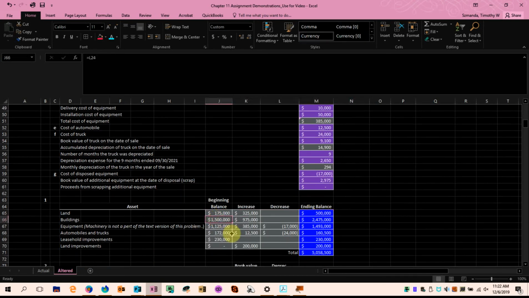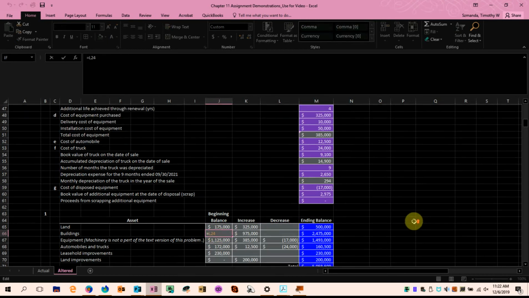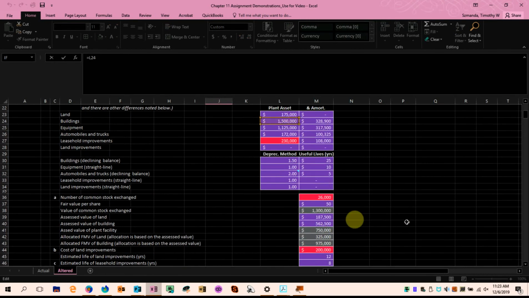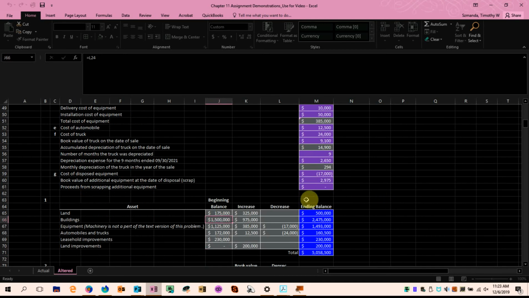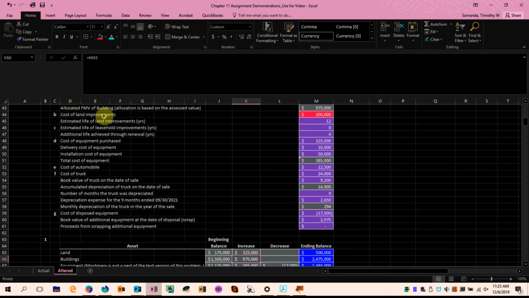Buildings, $1.5 million, and if I scroll up again, we see the $1.5 million is given here, just given data. Again, we're ignoring depreciation in part 1. And then they tell us also for the buildings that we had a 975 increase, and that's given here.